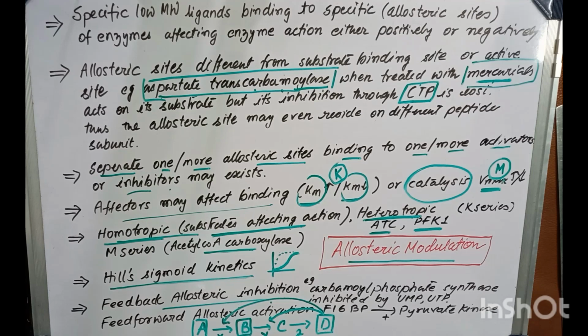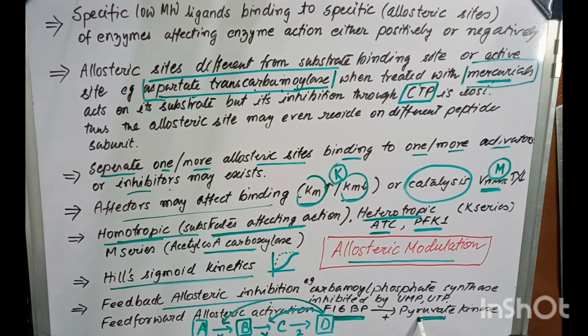But in a later reaction, in the later part of a pathway, these substrate molecules can also stimulate the enzymes in a feed forward way, and these are examples of feed forward allosteric activation. Here is an example: fructose 1,6-bisphosphate, a glycolytic metabolite, will stimulate pyruvate kinase later in the pathway.